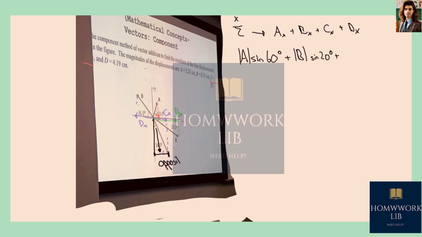Thus, now, let me erase this part over here to have more space for later. Now this would become plus magnitude of C times the cosine of 36 degrees. And to this quantity, we now need to subtract the magnitude of D times the sine of 36 degrees that we have over here.